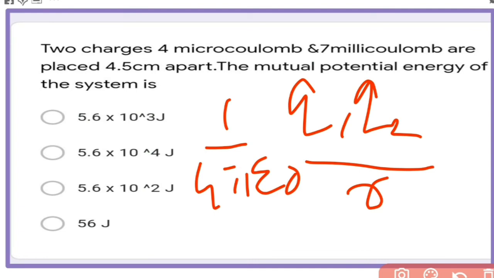So it's very simple, just substitute for Q1 as 4 micro and for Q2 as 7 milli, and distance is 4.5 centimeter. So doing calculation you will get the answer to be the first one, that is 5.6 into 10 cube. Do the calculation.